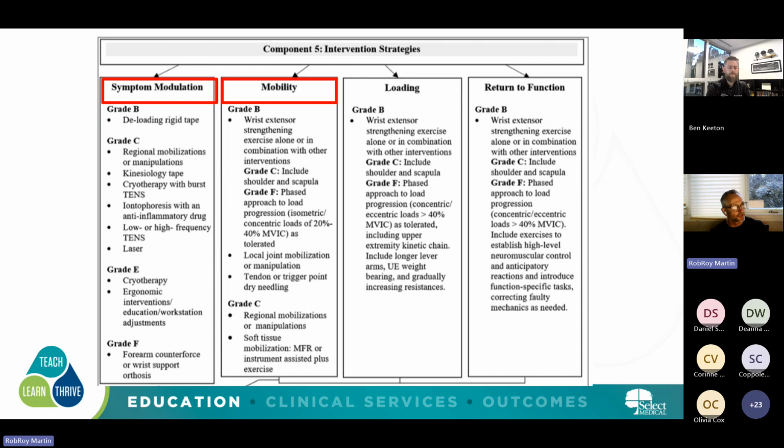Again, our pain levels are decreasing, still relatively diffuse pain. Our disability is starting to decrease. Our loading group, so now we have lower levels of pain, more isolated to the elbow, and then our return to function. So here we're talking about absent to very minimal pain and very little limitation related to disability.